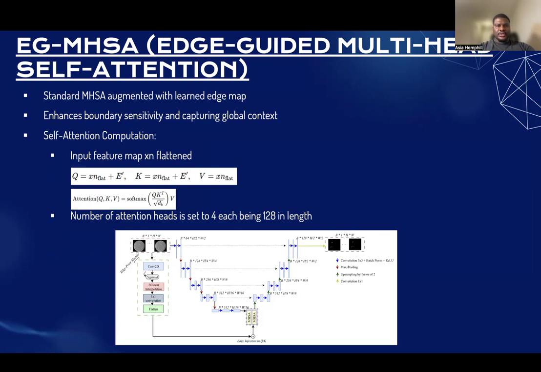The Q, the K, and the V matrices, the query, the key, and the value matrices, are computed using these equations. And then a softmax is applied to it, and then a dot product is computed between the result and the value matrices. The number of attention heads is set to 4, each having a length of 128.